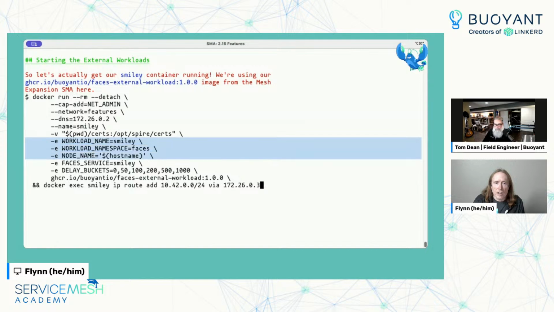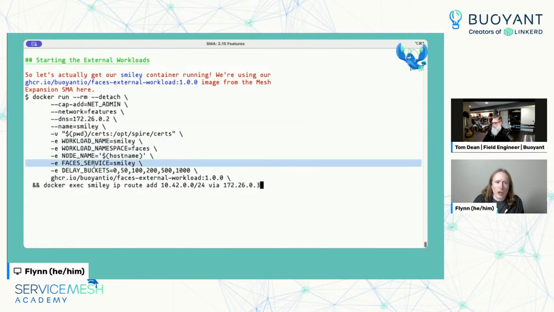These things are all environment variables that the Linkerd proxy bootstrap setup expects to have. Specifically, those are telling it, when it runs the bootstrap script, to tell Linkerd that this workload should be available as workload smiley in the faces namespace, and the node name is primarily a reporting thing.